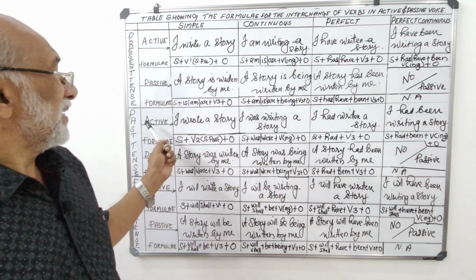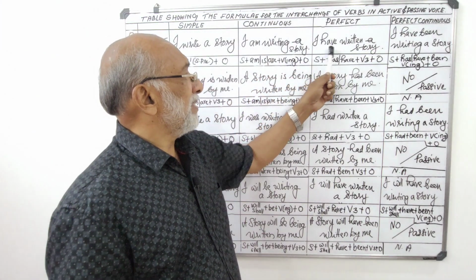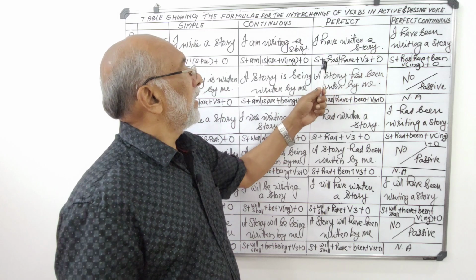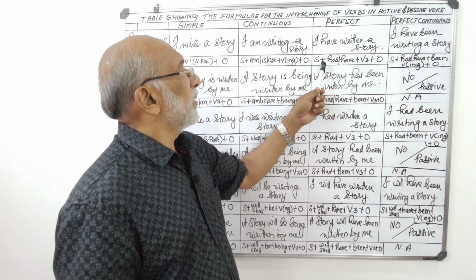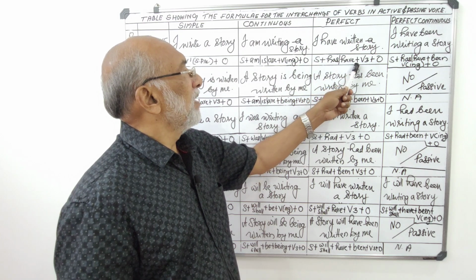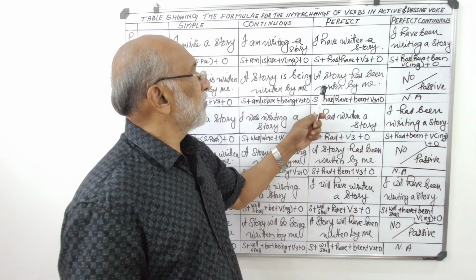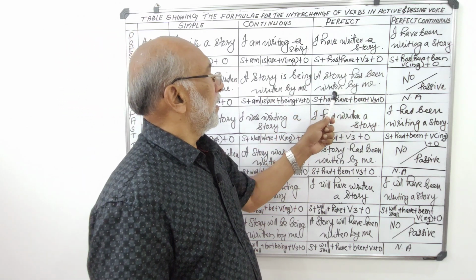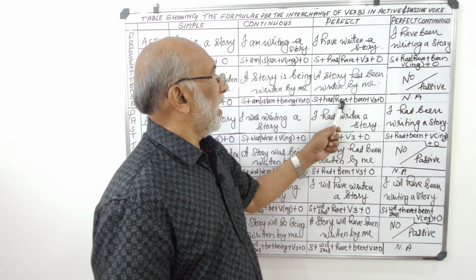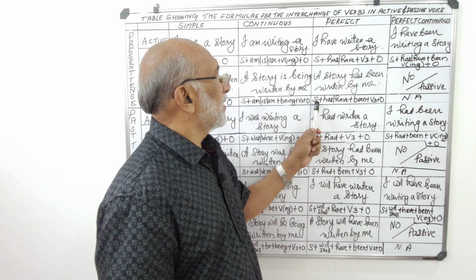Then coming to present perfect, the same sentence becomes I have written a story, and the formulae is subject plus has or have plus past participle of the verb plus object. And the passive voice is: a story has been written by me. Subject plus has or have according to the singularity or plurality of the subject.